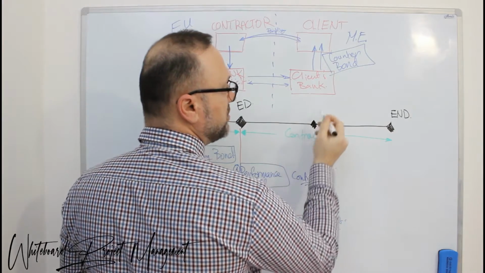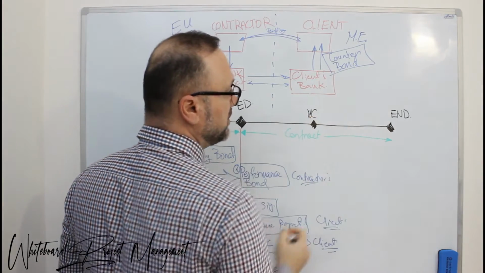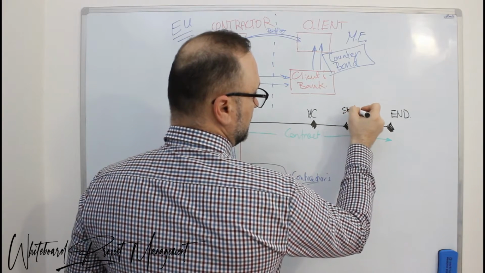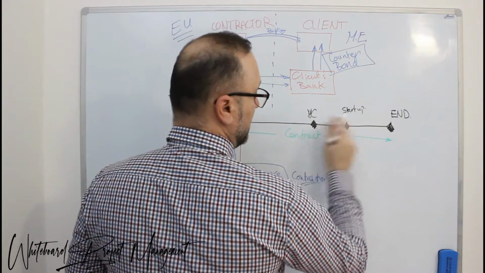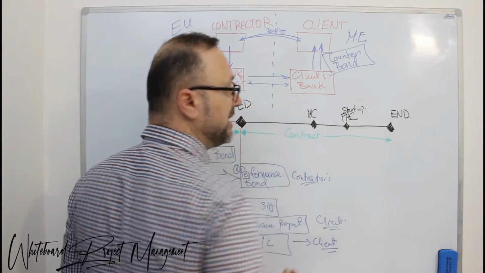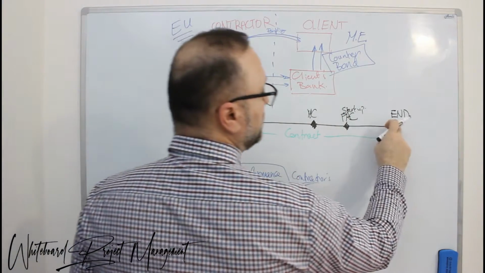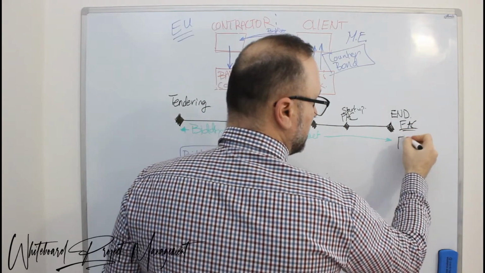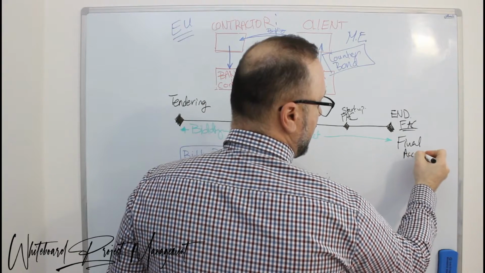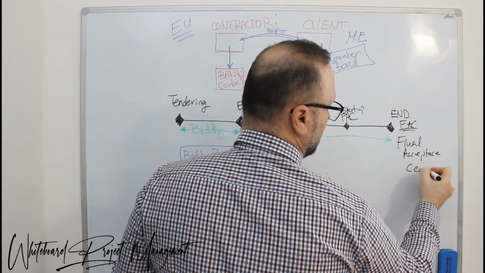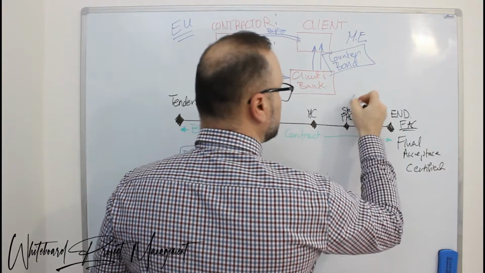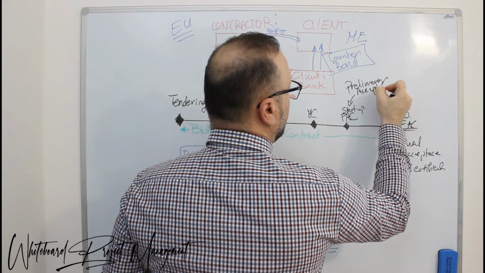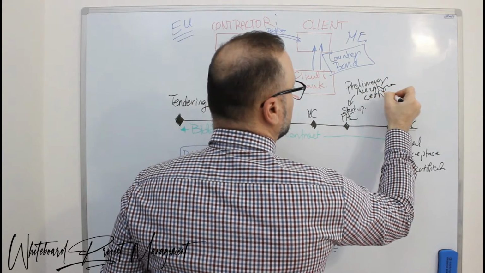If it is an EPC contract, then you have mechanical completion, then you have the startup, which in an EPC contract we call PAC, Preliminary Acceptance Certificate, and then at the end you have the FAC, which is the Final Acceptance Certificate.